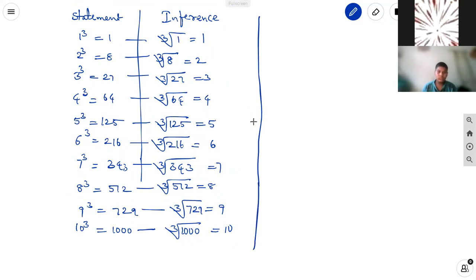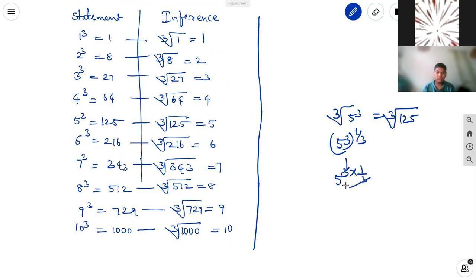If cube is there, on both sides we can take the cube root, meaning cube root of 5 cube is equal to cube root of 125. 5 cube can be written as 5 cube whole power 1 by 3. We know that in the exponents, the 3 and the 1 by 3 cancel, and we are getting 5. So 5 is equal to cube root of 125.